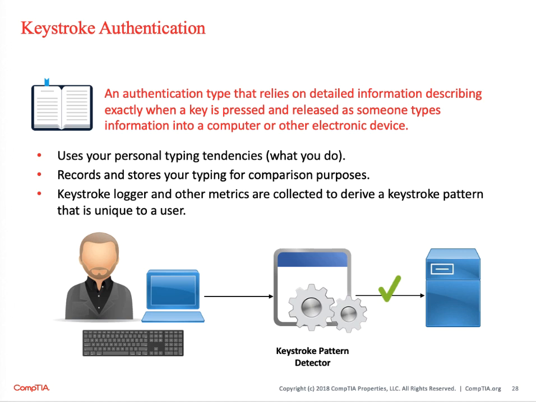Each user has their own certain tendencies, rhythms, and patterns on a keyboard, and these are recorded and measured against any future keystrokes, and it just continues to get better and better the more keystrokes it records from you. It requires the use of a keystroke logger, so that we can record when the key is pressed and released, the intervals, and when the next key is pressed, and so forth. And then the algorithm can establish a pattern, right?